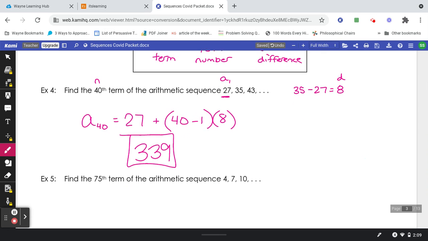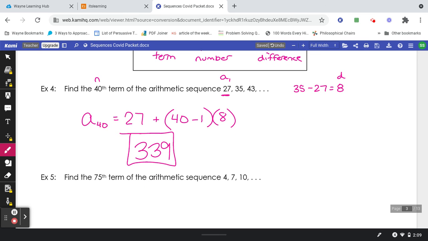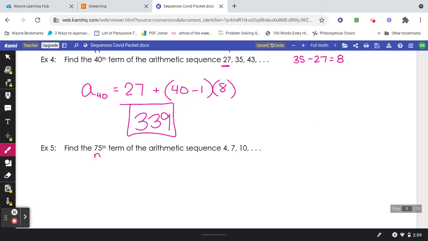Example number 5. Find the 75th term. So 75 will be the n. The sequence here looks like it's increasing by 3 each time. 7 minus 4 gets 3, and that's going to be our common difference. And then we need the first term, a sub 1, which is 4.